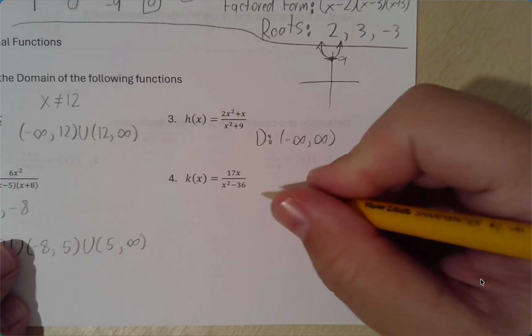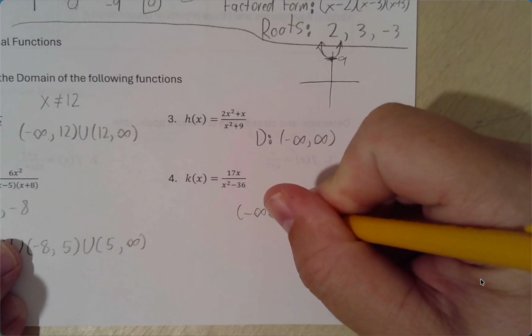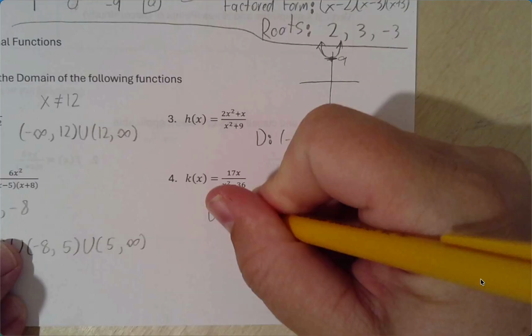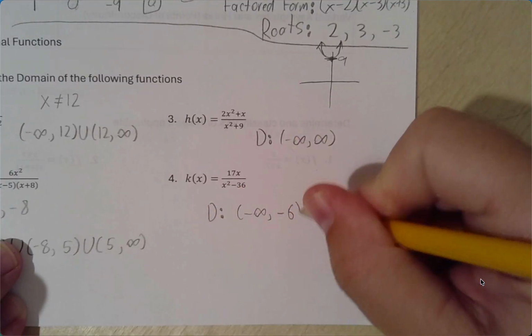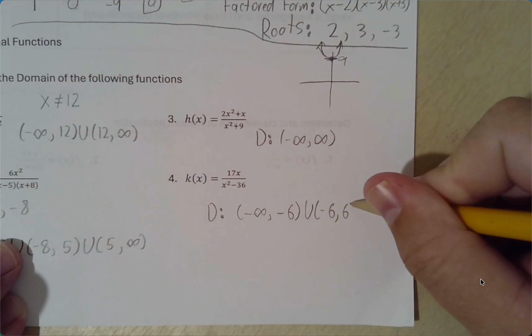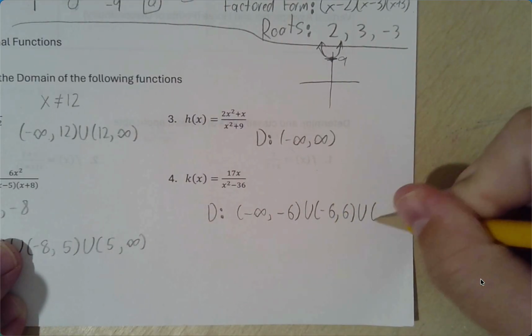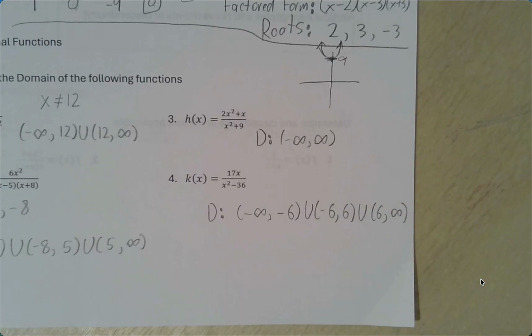All right, now for the last question, this is another important factoring technique that we've already seen in the last video for this module, and so I'm going to cut right to the answer that my full domain is from negative infinity to negative 6, then from negative 6 to positive 6, and then from 6 to infinity. And if you're sitting there going, how on earth did he do that?